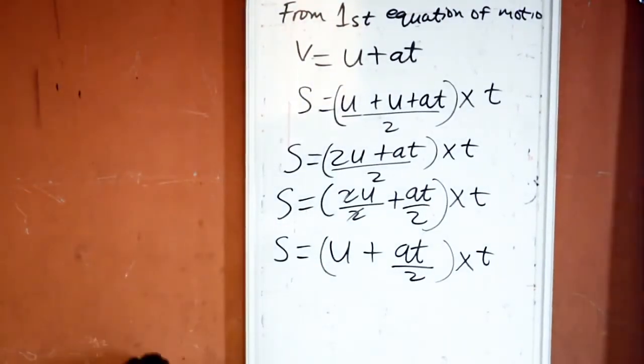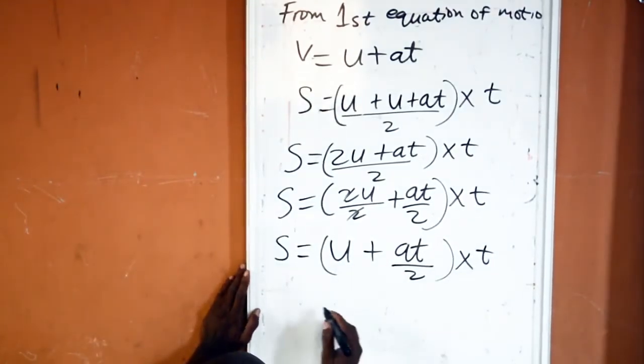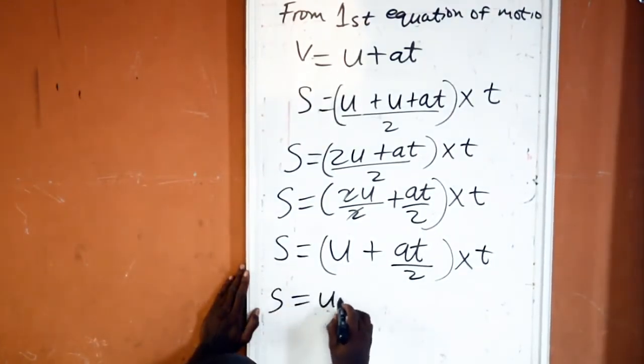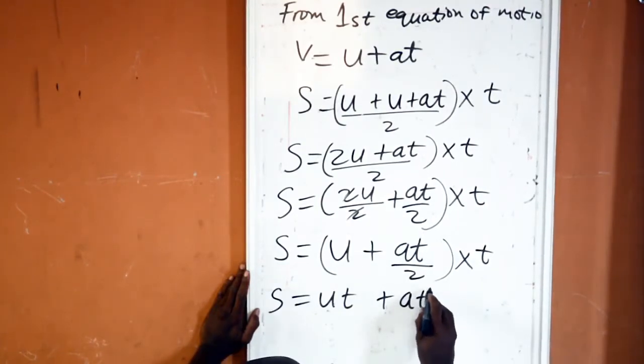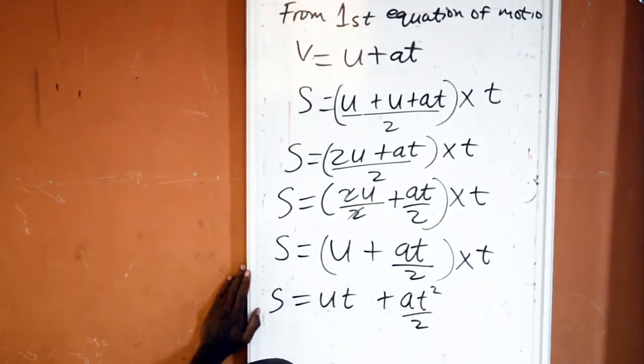Open the brackets. U times T will give us UT, AT times T gives AT squared over 2.